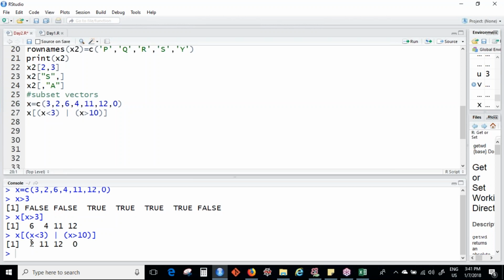So then you will get all the values where x is less than 3 or x is greater than 10. Similarly you can use ampersand also if you have to use the and operator. So I think this we saw yesterday. This is for and, this is for or.